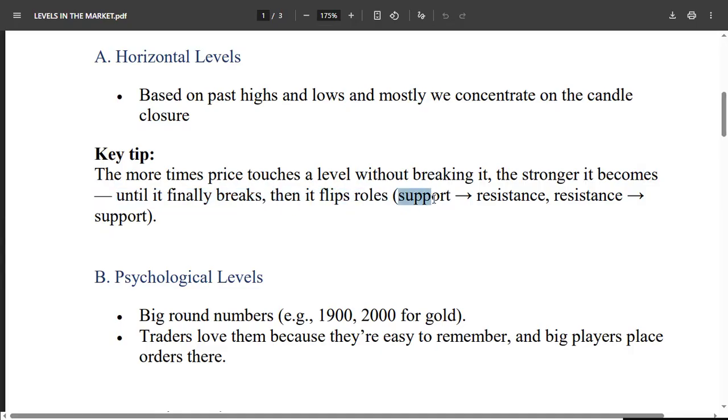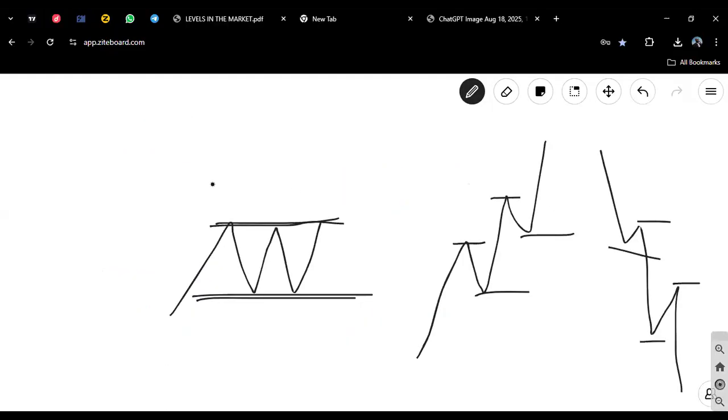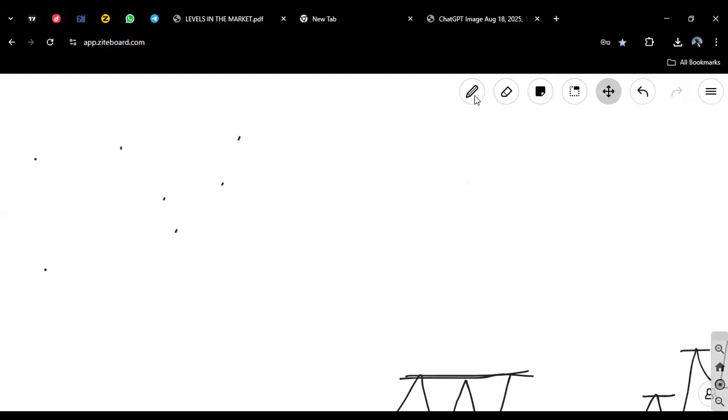So when the level is, for example, a support, and that level is flipped, then it turns into a resistance. For example, if the price touched the same level multiple times, let's say this is a resistance level, and then that level is broken, it has been flipped, and the level turns from resistance into support.